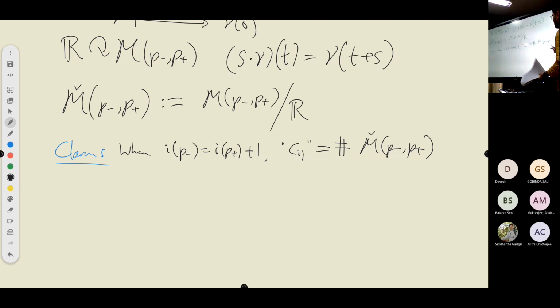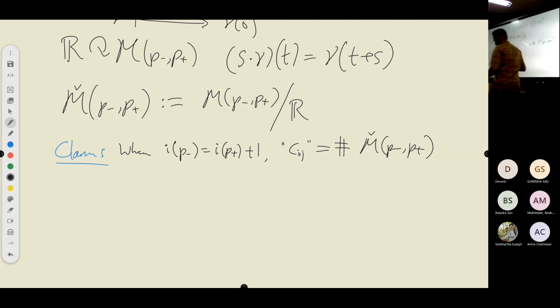After modding out by these reparameterizations, I've got something that no longer has anything to do with the unstable or stable manifolds. So I've dealt with point 1. If you're trying to do this in infinite dimensions, you now only need to count these trajectory spaces, because that's still easier said than done, but that's an improvement.